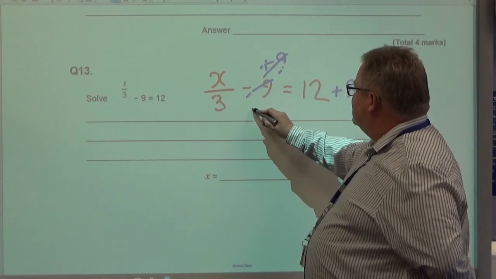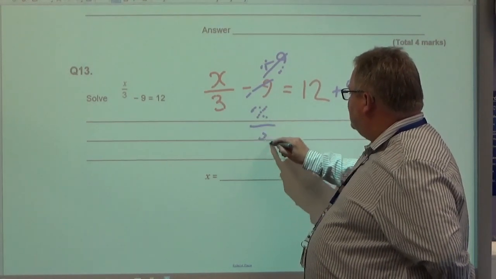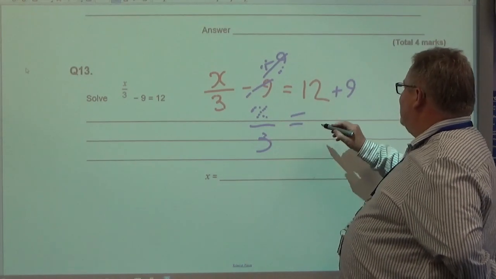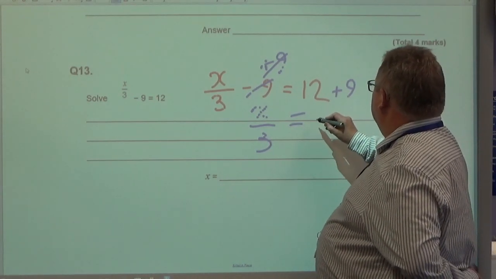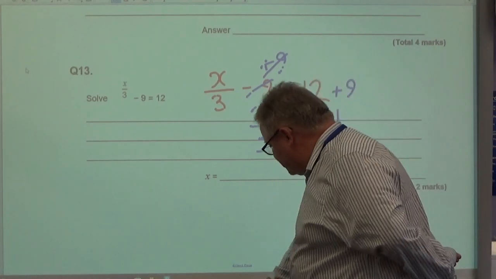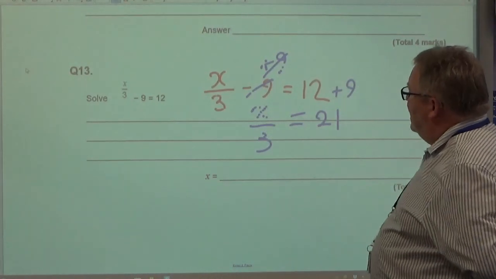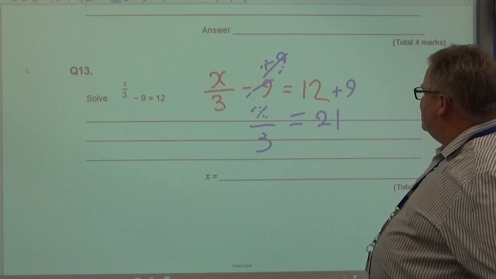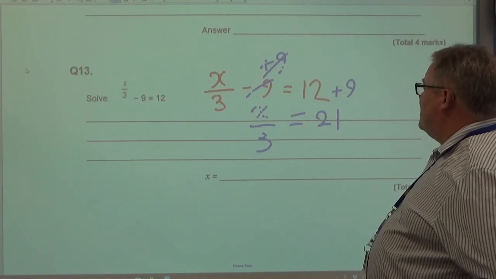So that then gives us x over 3 equals 12 plus 9. So that's going to give us 21. And now we've got x divided by 3, and it gives us 21.